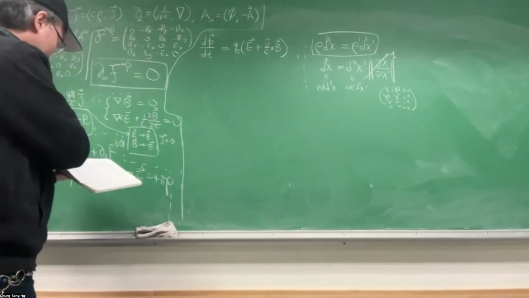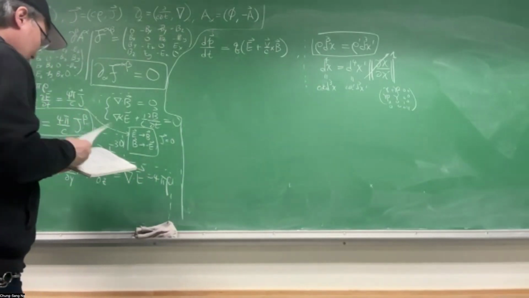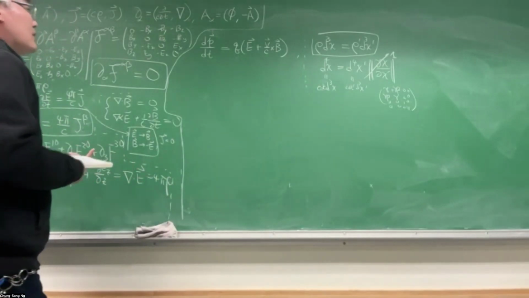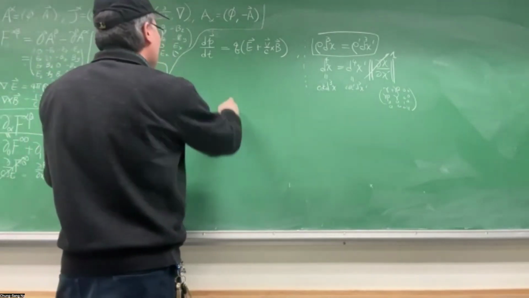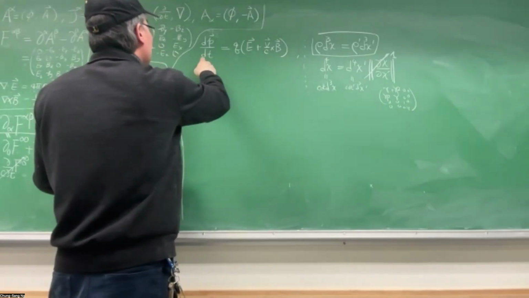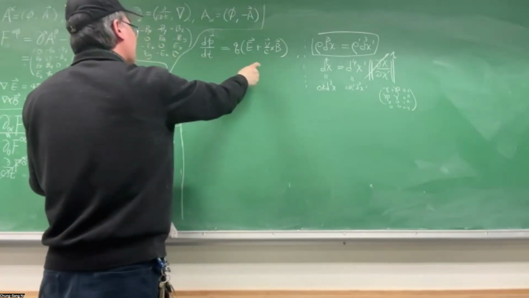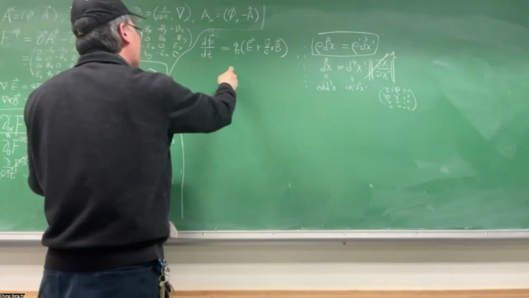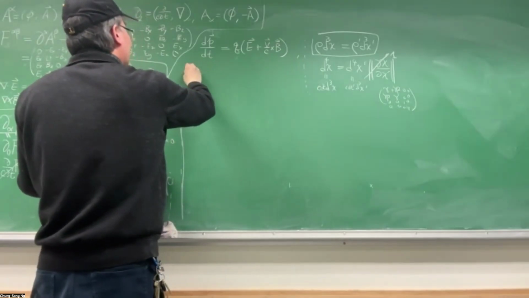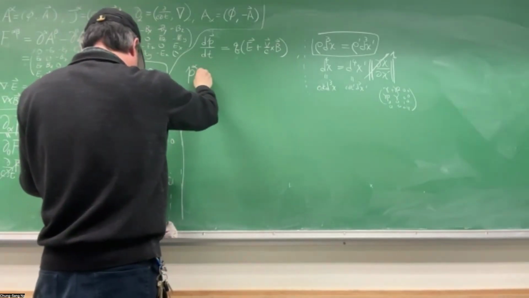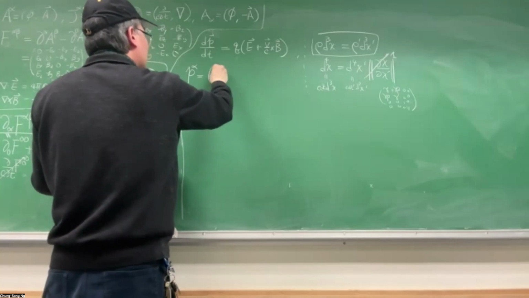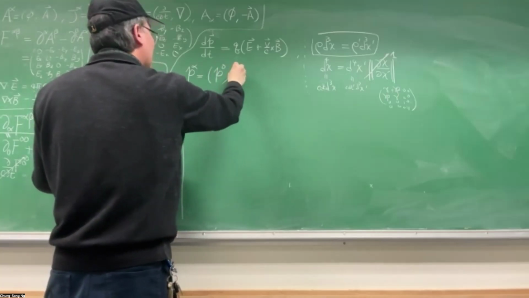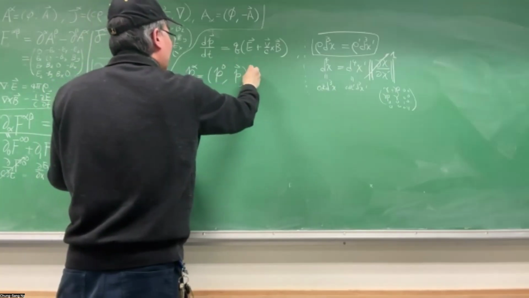Okay, and now to transform the equations, what we need to do, because we have this momentum 4-vector, is this: P0, and then the P for a particle.